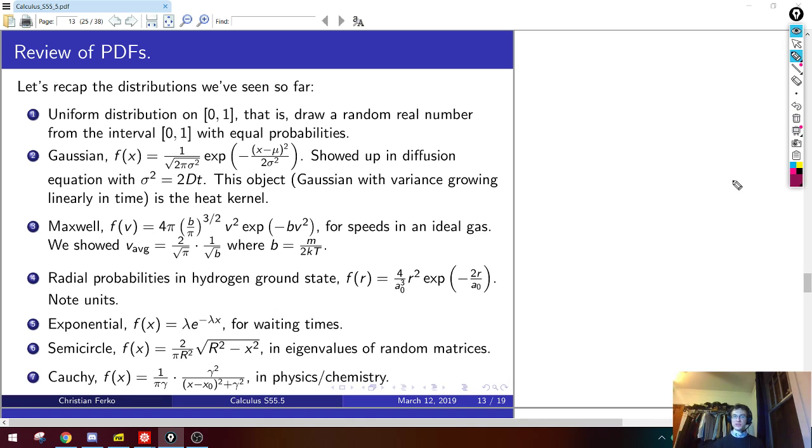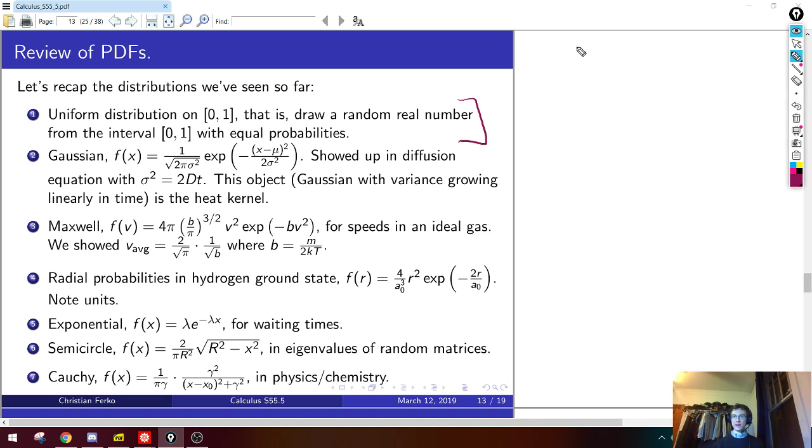So let's recap all of the different distributions, all of the probability functions we've seen so far. The first one I introduced was when I was trying to convince you that for continuous outputs, it doesn't make sense to talk about the probability of one specific number anymore. It only makes sense to talk about the density per unit length for probabilities in that interval.